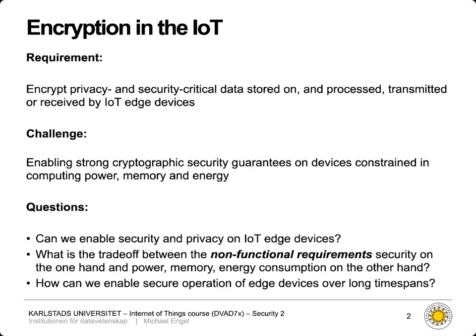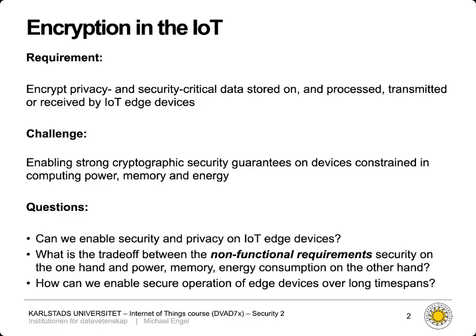So, what is the requirement for encryption in IoT devices? Now, very often IoT devices collect sensitive data. These might be privacy and/or security critical. So, for example, it might be medical data that is collected by your fitness tracker.